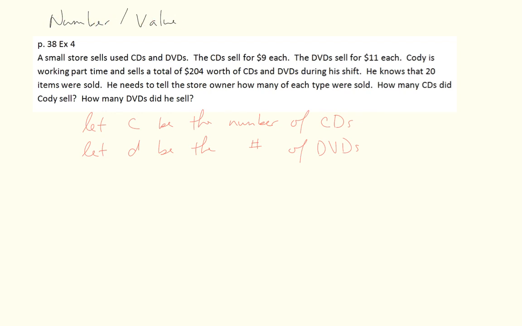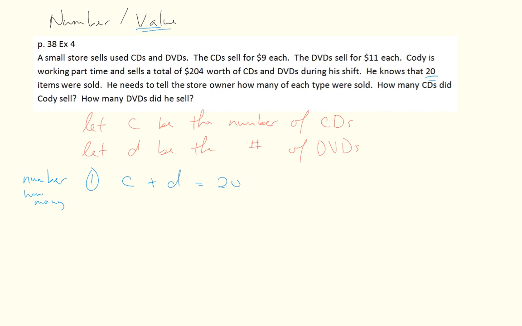Okay, so as it suggested, this is a number value problem, and that's going to be our two equations. We're going to have a first equation, which deals with how many we have. We know we got 20 things, so the number of CDs, C, plus the number of DVDs adds up to 20. Very simple equation.